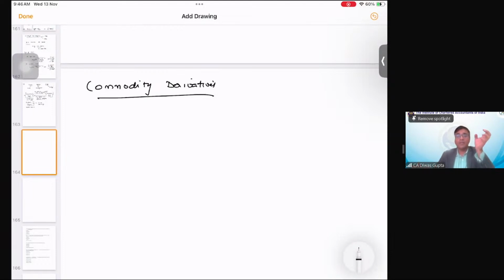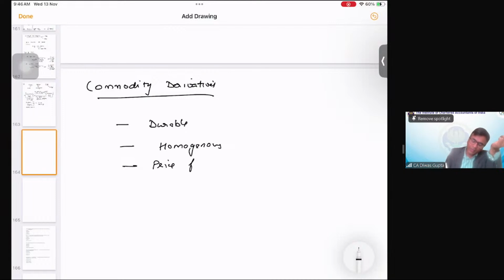What is called a commodity is, first of all, durable and homogeneous in nature, having a market. That means there is a good amount of price fluctuation, and its supply should be consistent.